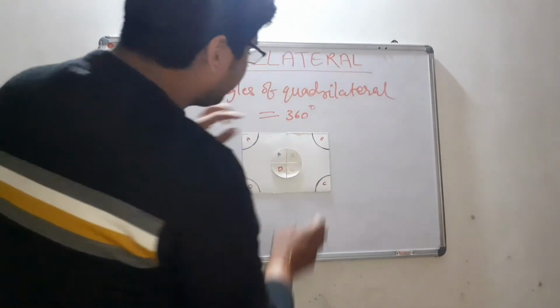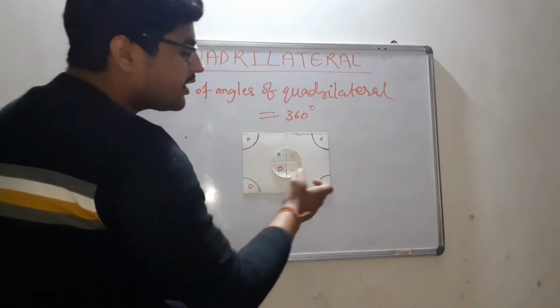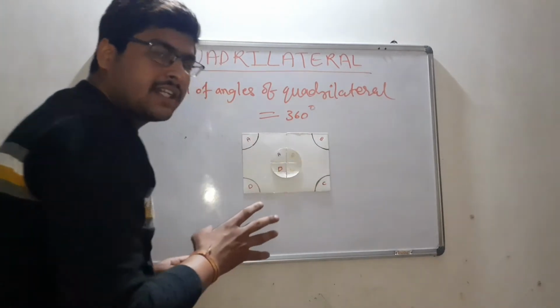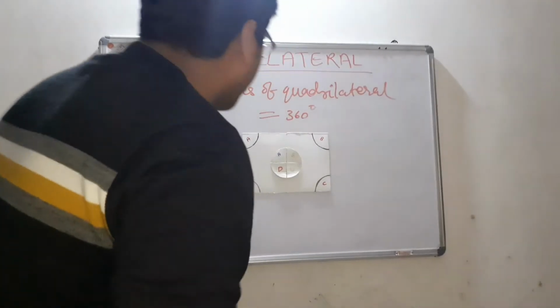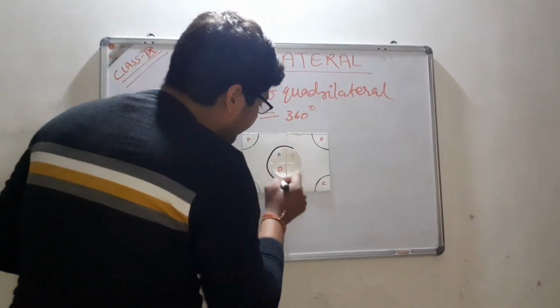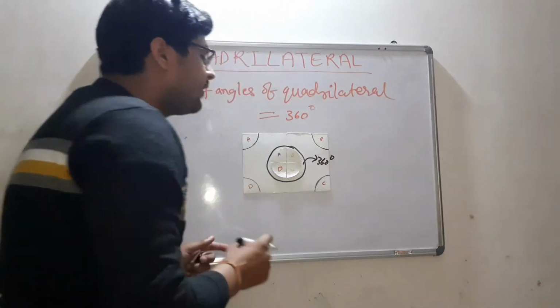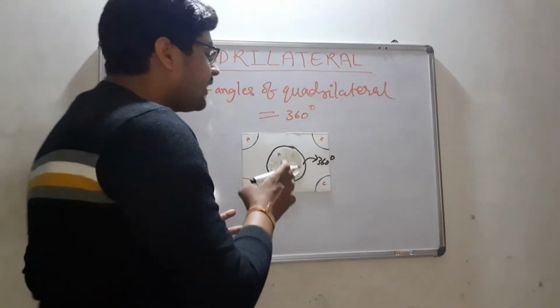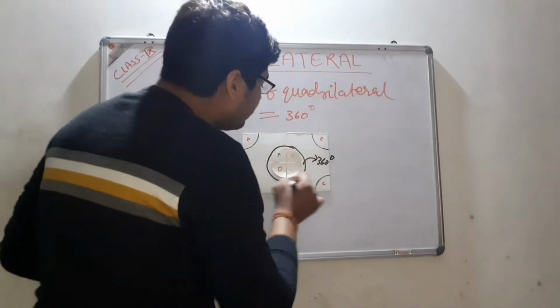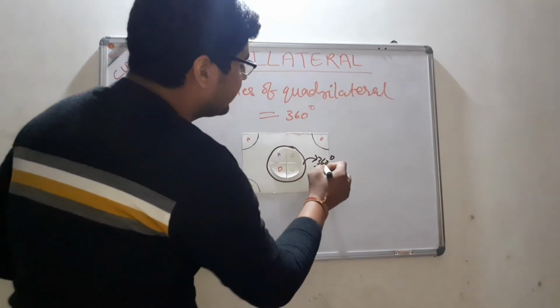Now what we see, this combination of all four angles forms a circle, which gives a whole of 360 degrees. If we measure by a protractor, we get a whole circle which measures 360 degrees.